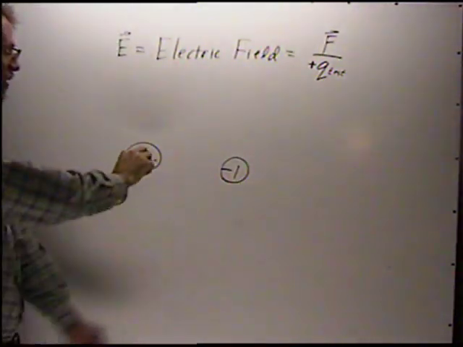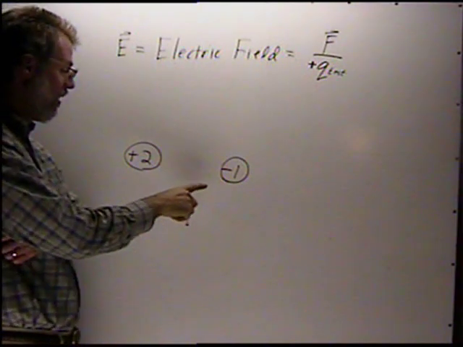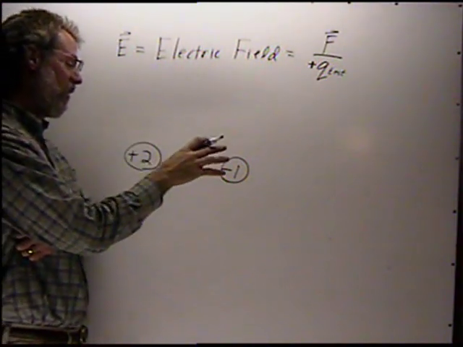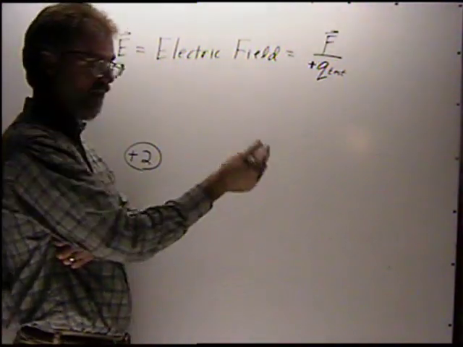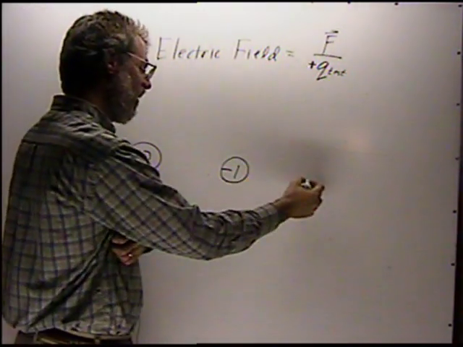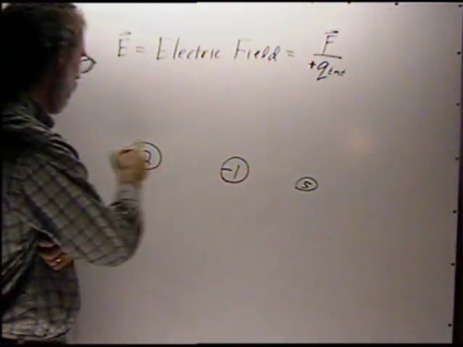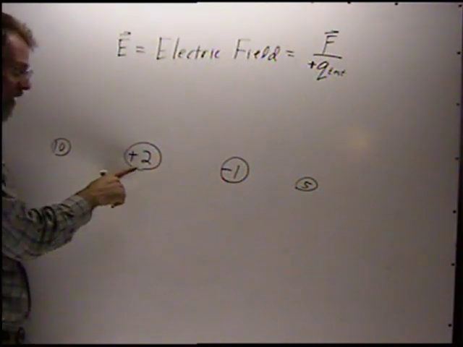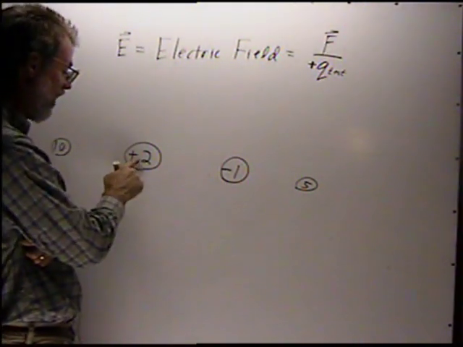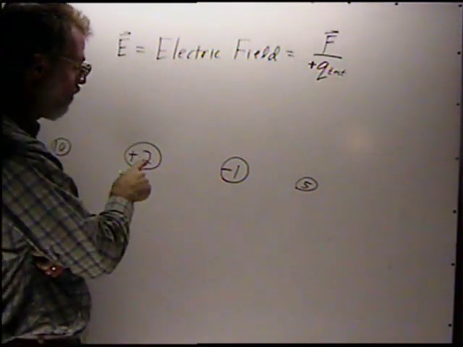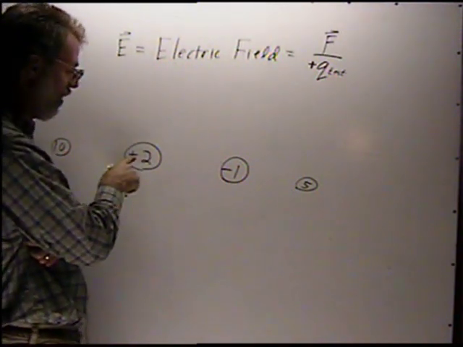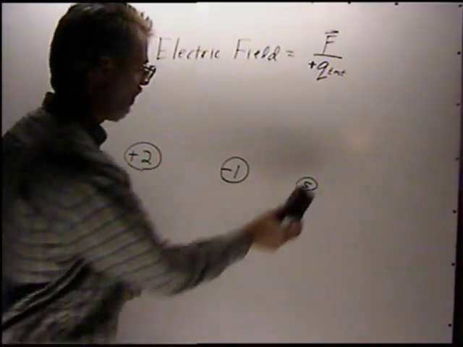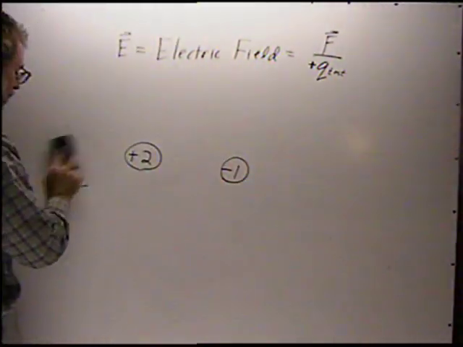Remember, this has twice the charge as this one. Let's make up a number: if there are 5 lines coming out of here, then there have to be 10 lines coming out of here. Since this is double the charge, it has twice the number of lines coming out.